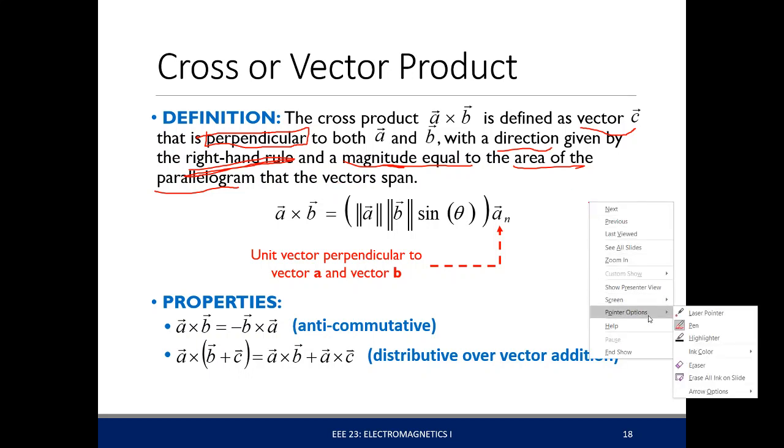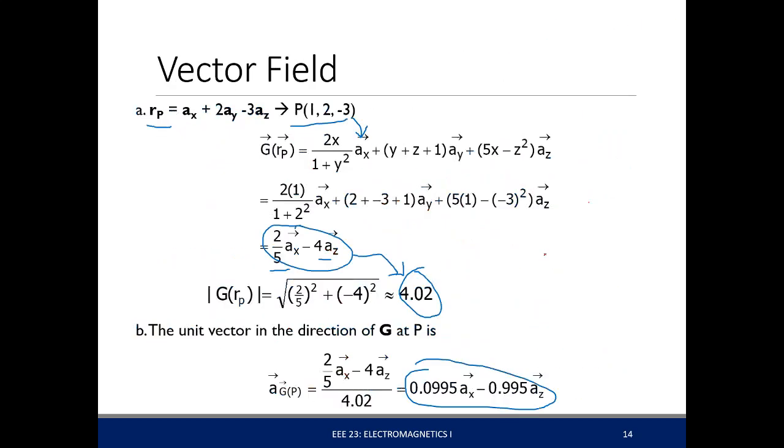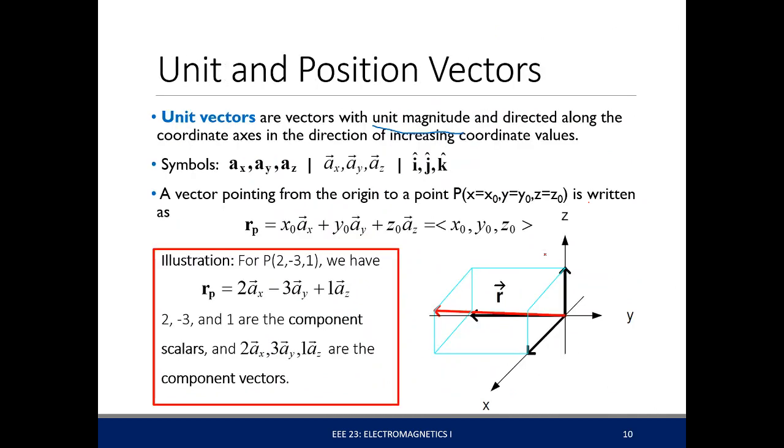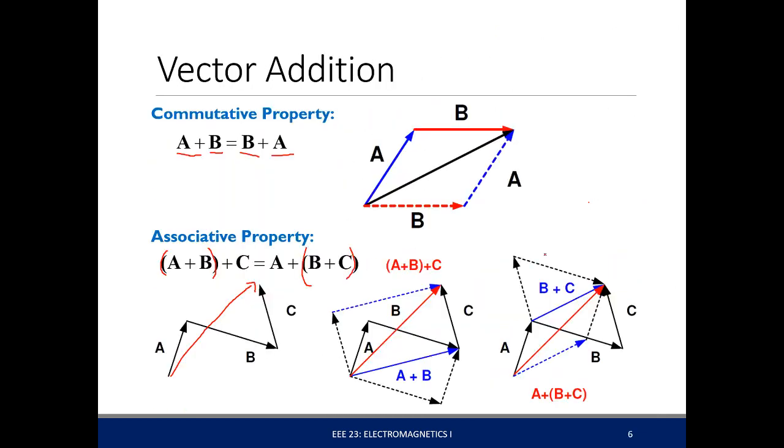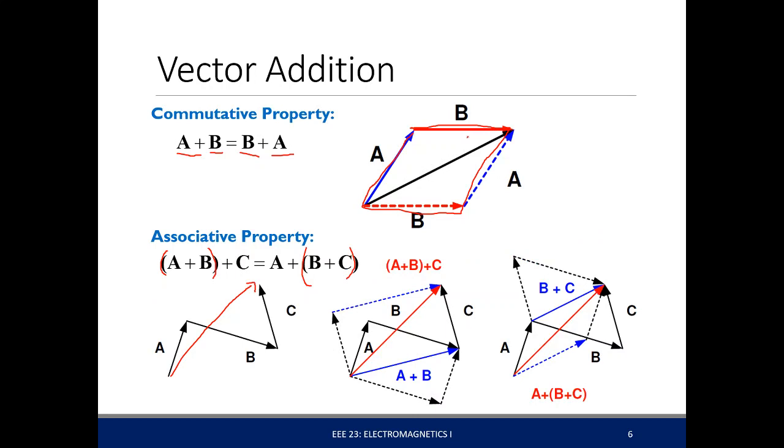Okay? Basically, if you want to get the area of a parallelogram defined by A and B, so let's go back. Something like this. Okay. So if you want to get the area of this parallelogram, you just need to get the magnitude of the cross product between A and B. So actually, when you get the cross product between two lengths, you actually get the area between them.